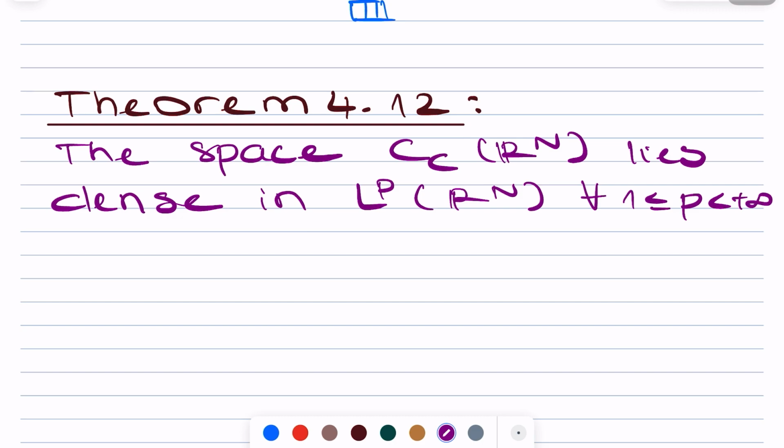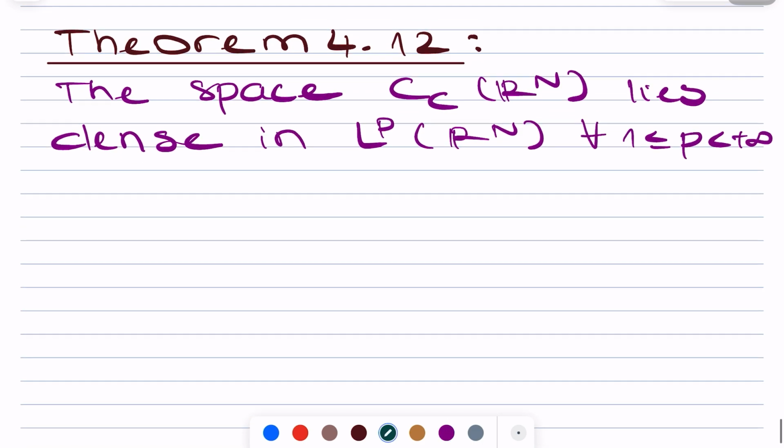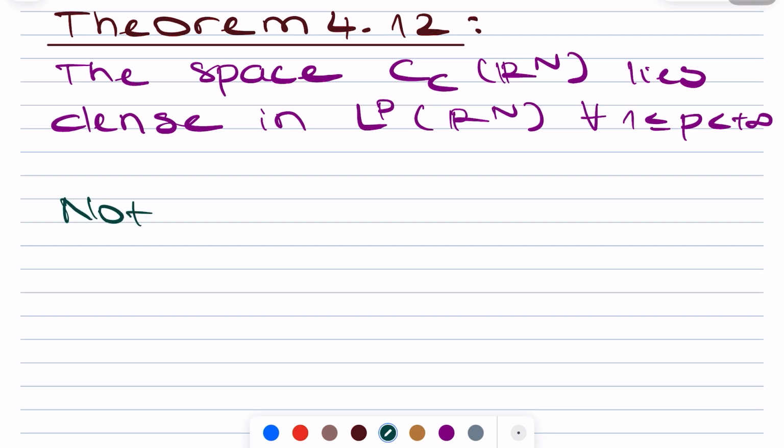So before proving this theorem, let's have some notation first.